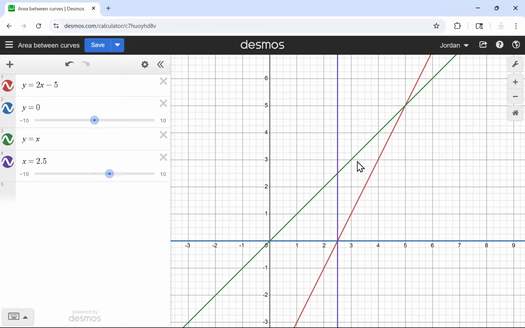So if this green curve were some cubic or some quadratic equation, then obviously you'd have to use the calculus tools that we have. That's why I tend not to use geometry, because not every time do I have straight lines. But there you go. That's the area. We said 6.25 is the area of this bounded triangular region.